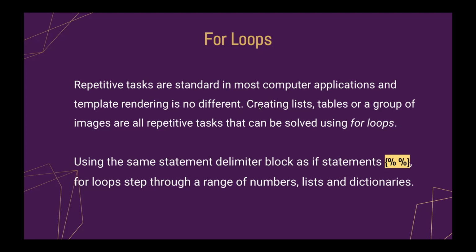When we're creating lists, tables, groups of images, links, or stuff like that, we usually use for loops. We use the same statement delimiter blocks that we were using for if statements. And you can basically step through a range of numbers or lists and dictionaries like normal loops.